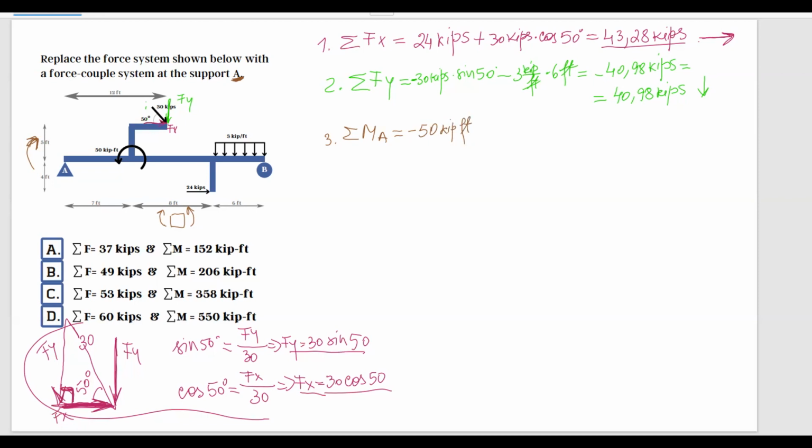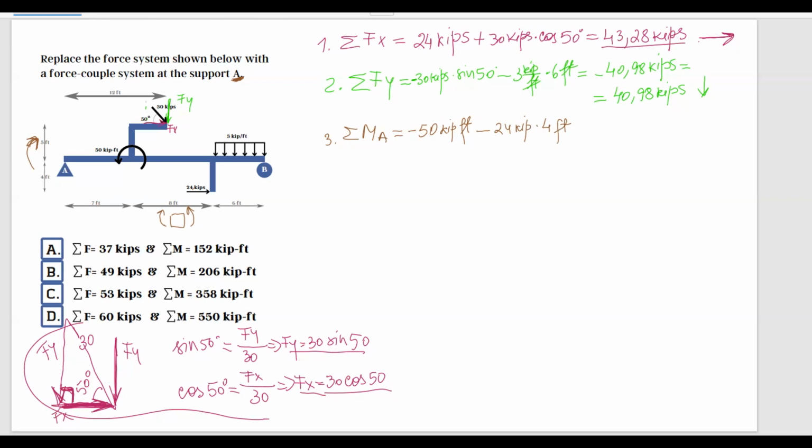Okay, and then this 24 kips force, it's going to rotate counterclockwise as well. So I'm going to continue with 24 kips multiplied by the arm, which is 4 feet. Okay, so I'm done with this one. And then I have this 30 kips force under a 50-degree angle.